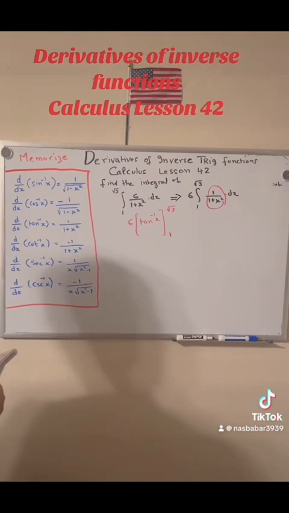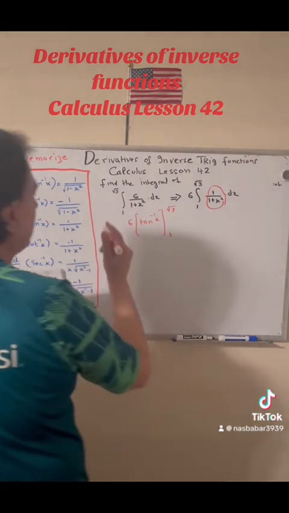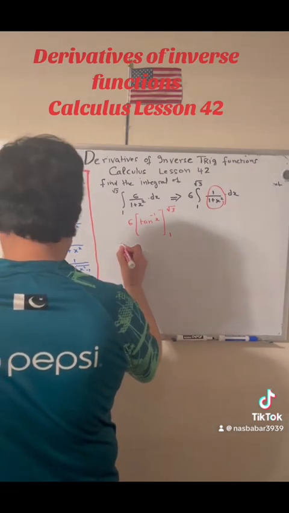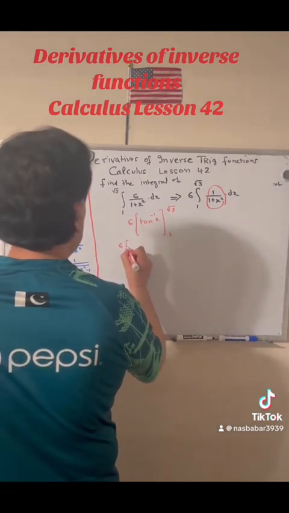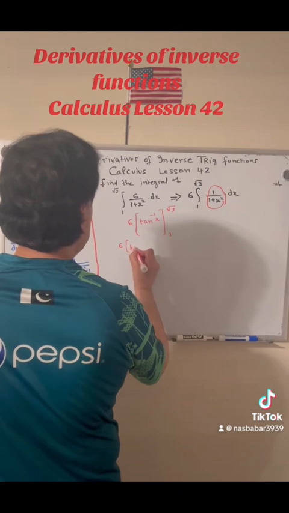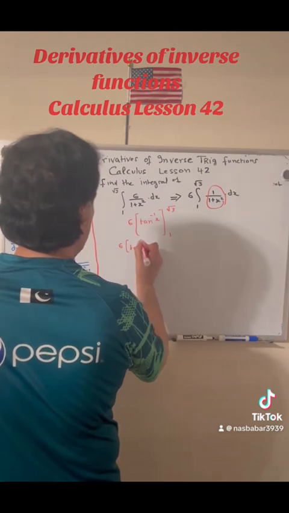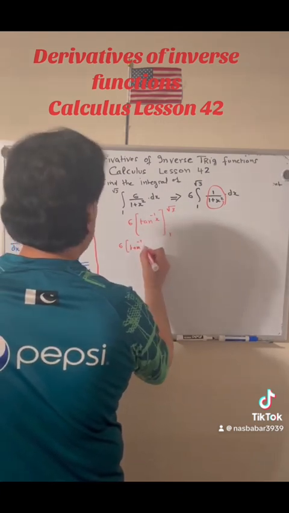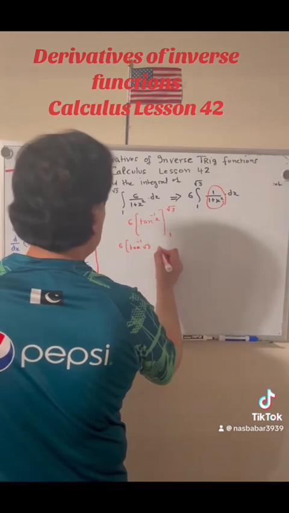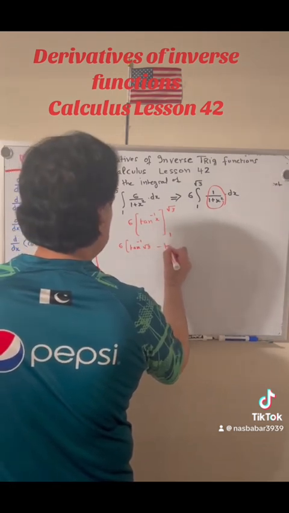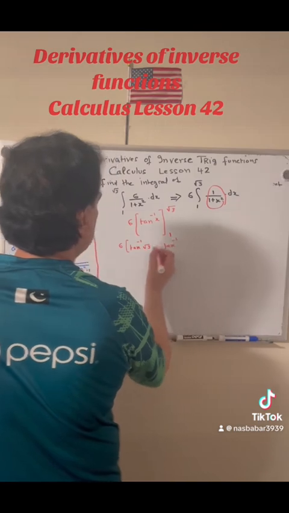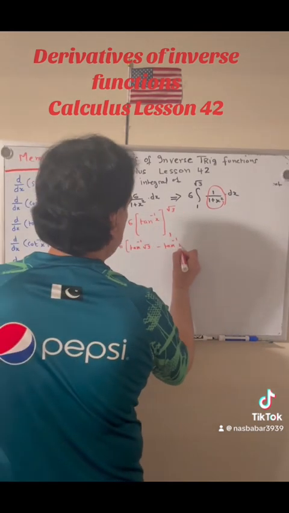Now you have to plug in the value of x. So 6 into tan inverse of under root 3 minus tan inverse 1, replacing x by 1.